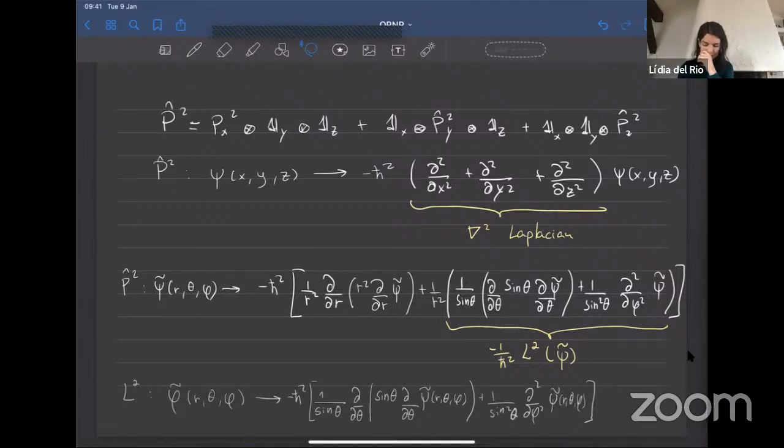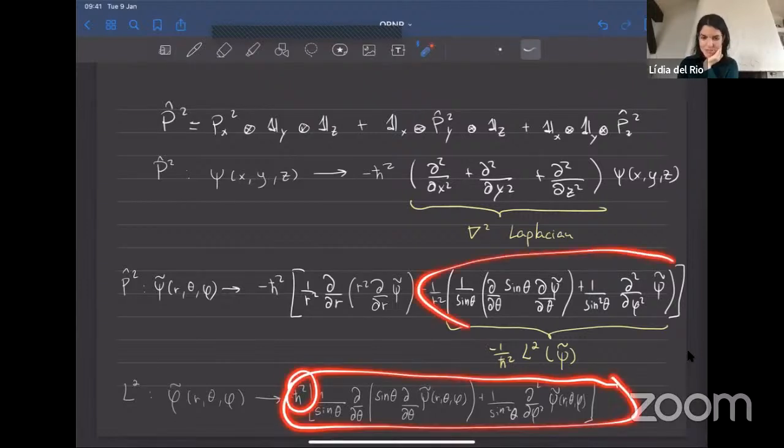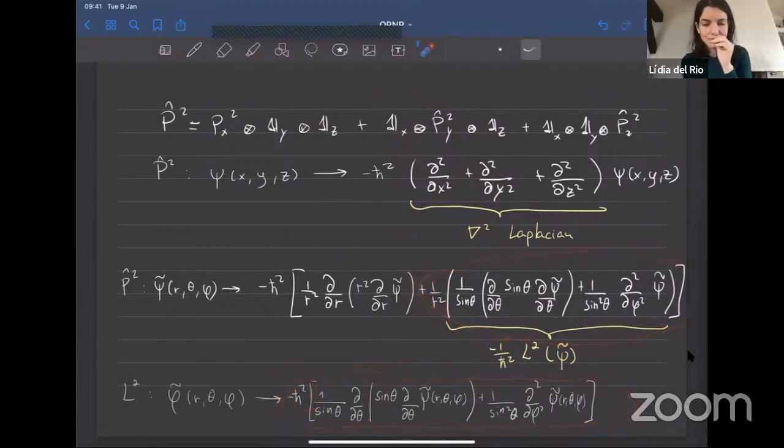There it was, right? So up to the minus sign and this h bar constant, what's inside here should be exactly what's inside there. So this will make our life much, much easier. Meaning what? We can just simplify this p squared with having here this L squared.